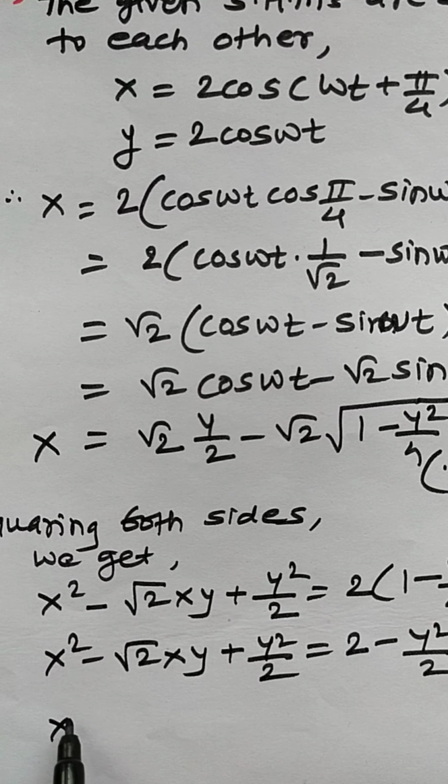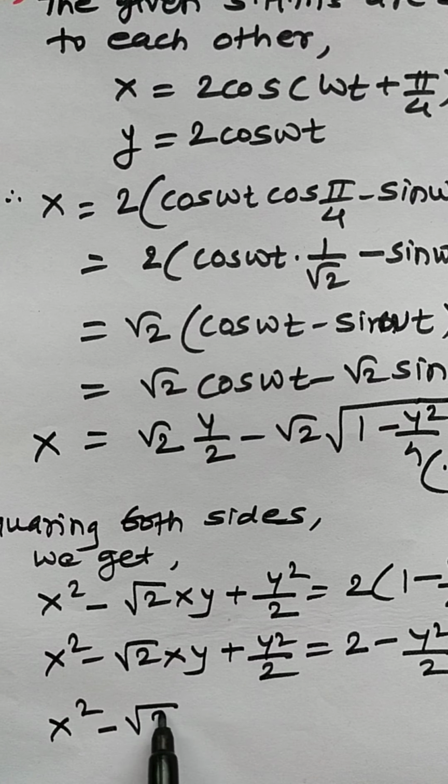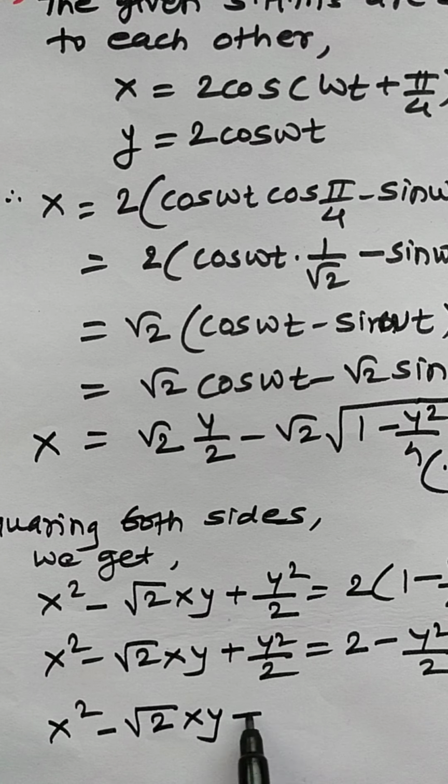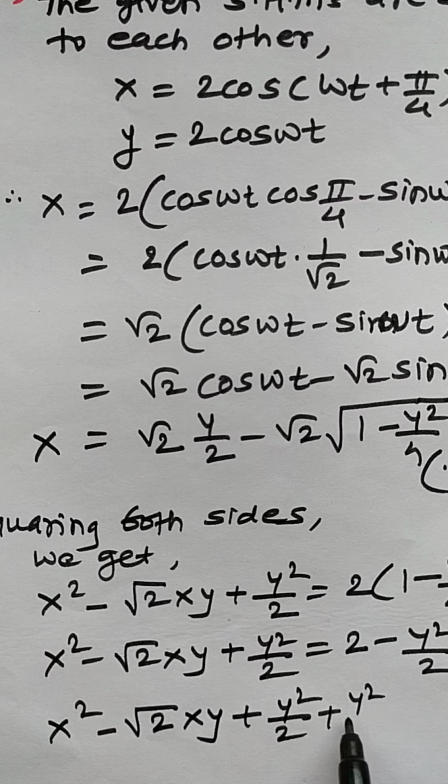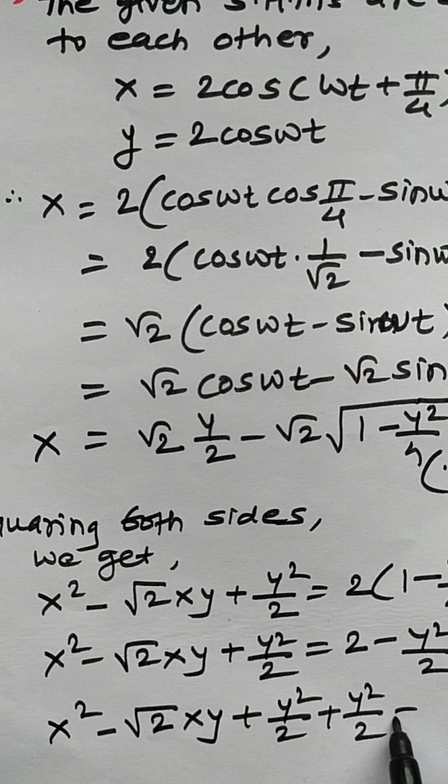So therefore x square minus root 2xy plus y square upon 2 plus y square upon 2 is equal to 2.